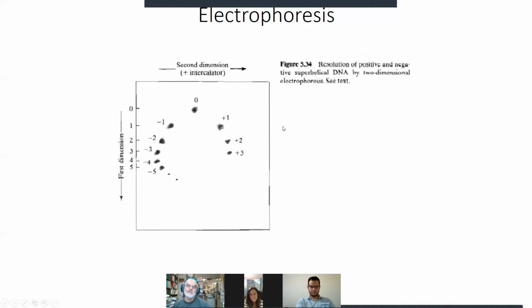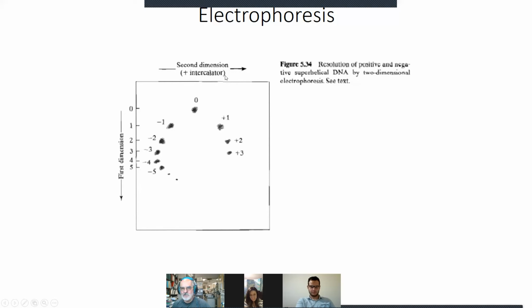This is showing a more explicit example. I'm sorry, this should have been moved up above too for the reptation, where supercoiling changes the mobility, in a two-dimensional gel, and this is really two-dimensional electrophoresis where you have different kinds of drugs that are being intercalated.